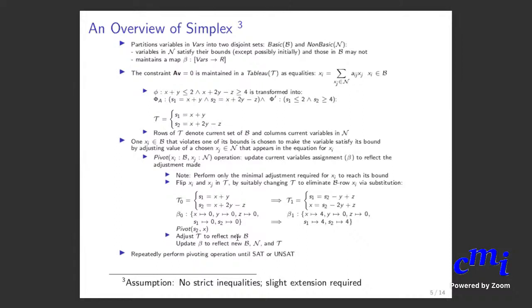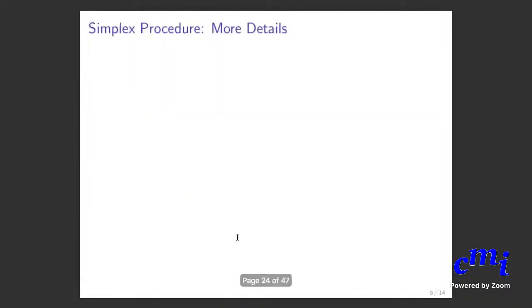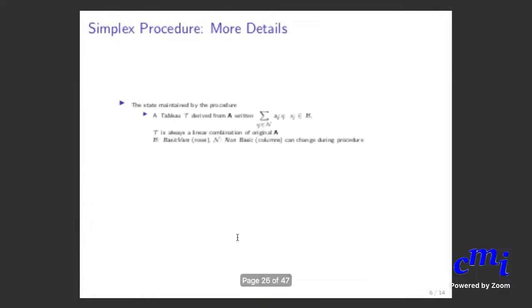Then you declare it is unsatisfiable. That is the idea. As I said, this algorithm applies only to non-strict inequalities. Some more details.